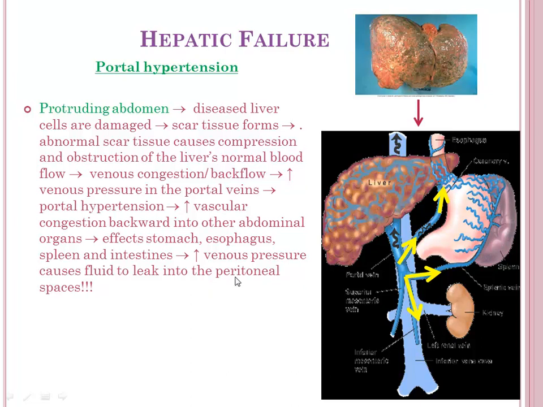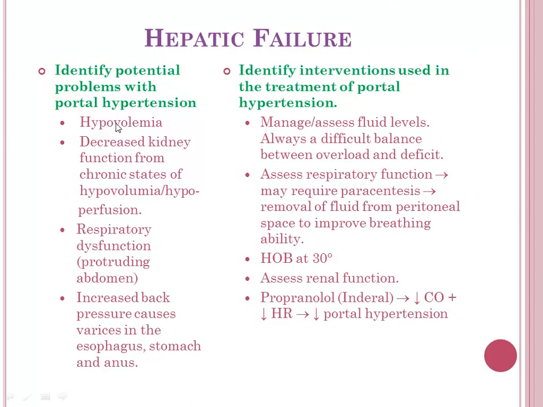We had increased blood volume because aldosterone wasn't being broken down. We held on to sodium, we held on to water, and then all that did was leak into the peritoneal space. And that's why sometimes these individuals just have huge bellies.